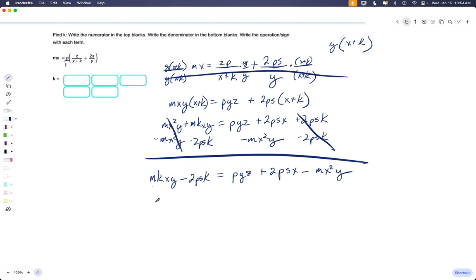Okay, take out my k. mxy minus 2ps. And then all of these, right? pyz plus 2psx minus mx squared y. So we divide by this to get k by itself.